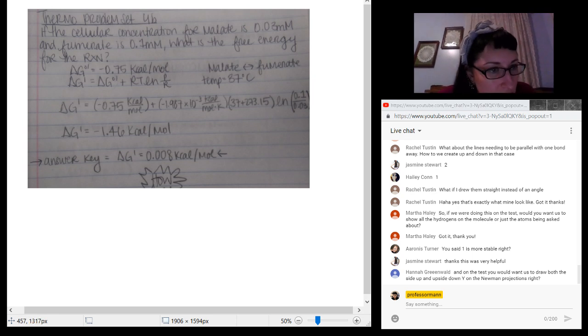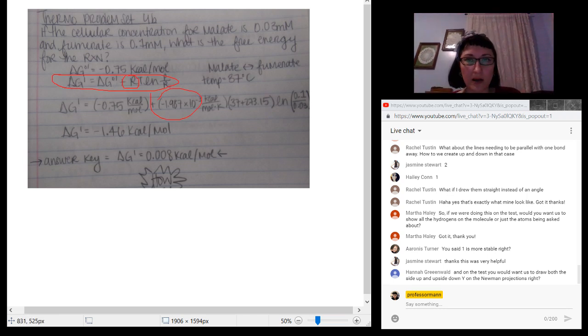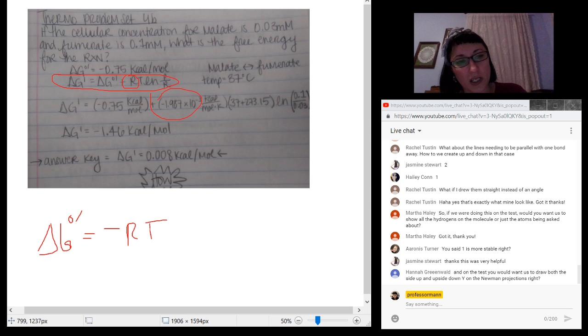If you notice, you have to write the gas constant here. You made it negative. It should be positive. The only reason you're used to seeing it negative is because when you're solving delta G naught prime, that's equal to the negative RT ln of KEQ.